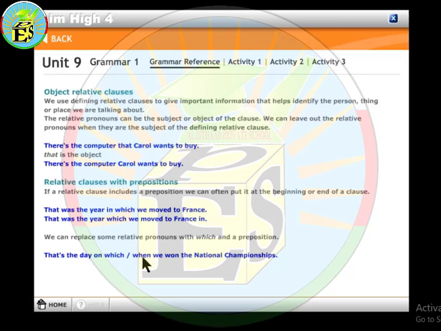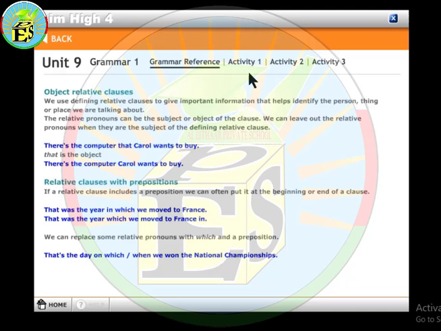We can put on which because it's a day, and they take the preposition on. So we can say, that's the day on which we won the national championships, or that's the day when we won the national championships. Okay, this is the object relative pronoun.